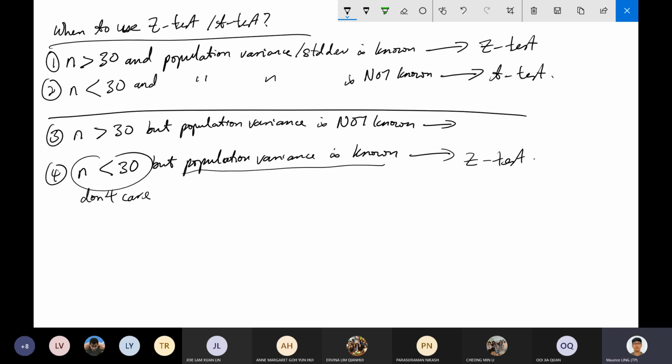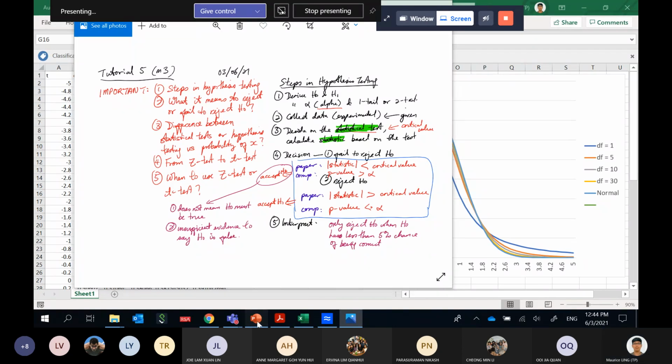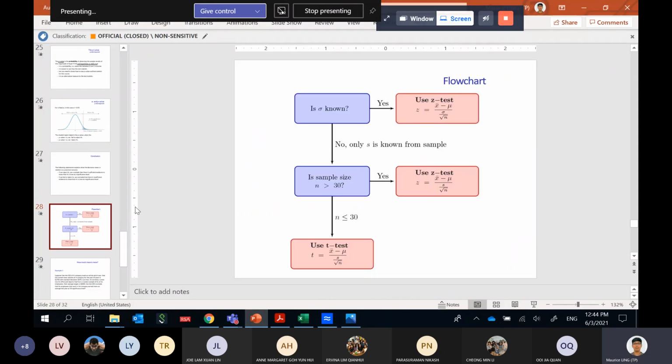Correct? How about if population variance is not known, but sample size is more than 30? Let's go back. If the population variance is not known, but sample size is more than 30, you also use z-test. Okay?